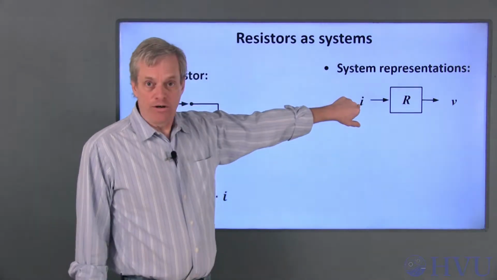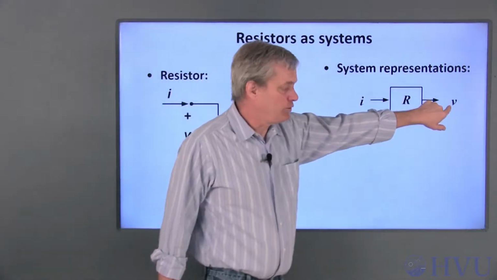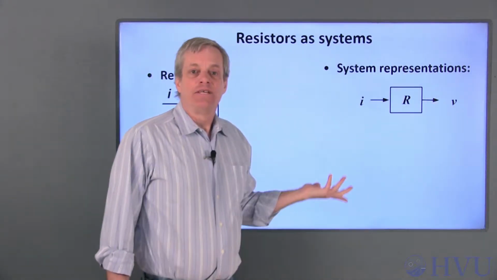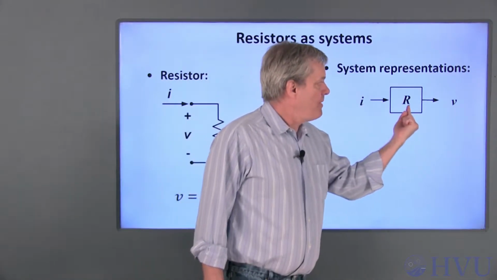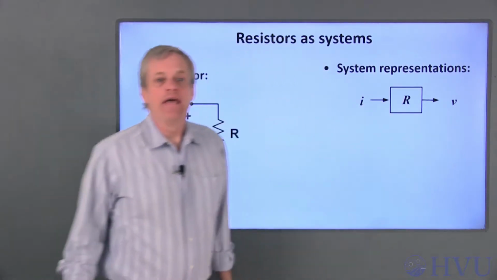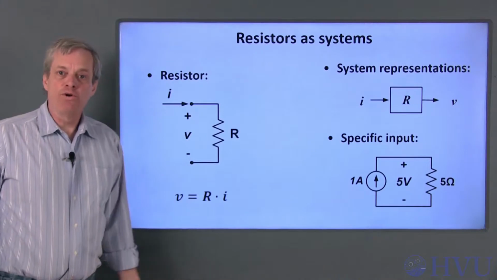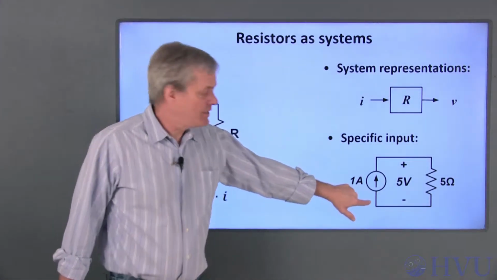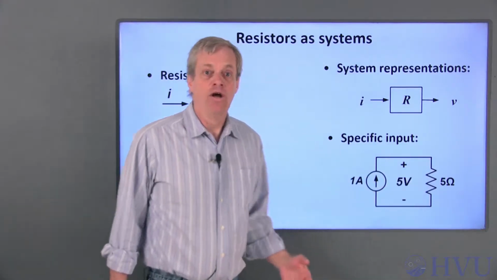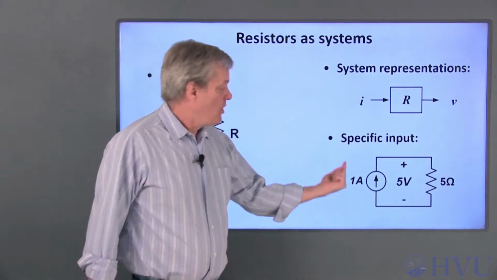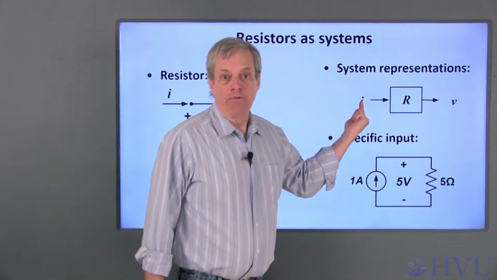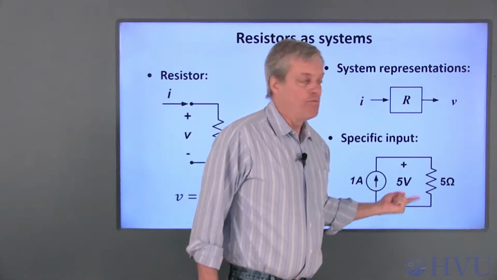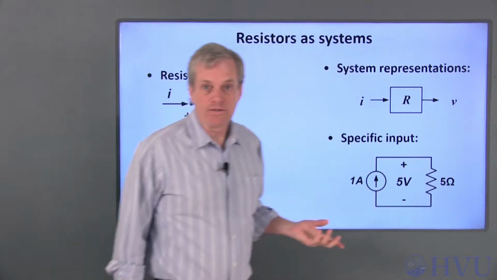If I define the current as the input and the voltage as the output, the system just multiplies I by R to get V. If we want to use our systems approach to determine the voltage resulting from a 1 amp current source connected to a 5 ohm resistor, we can use this formulation. 1 amp is the input, I multiply that by 5, and the output voltage is 5 volts.